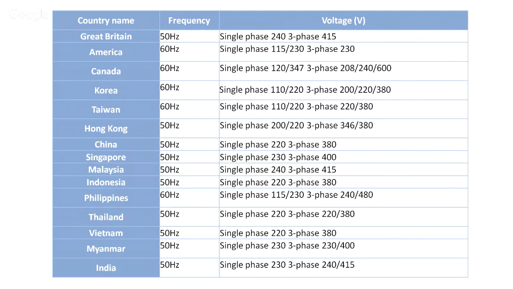While in America, the single-phase voltage is around 115 volts and three-phase is around 230 volts at a frequency of 60 Hertz. Similarly, the Philippines has a single-phase supply of 115 volts and a three-phase of 240 or 480 volts working at 60 Hertz.